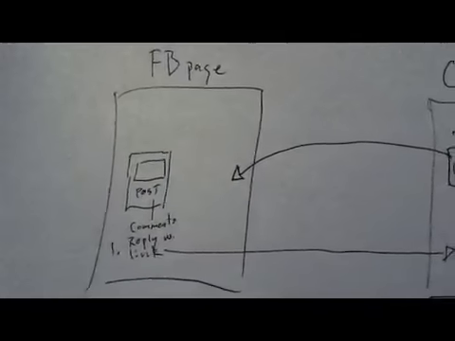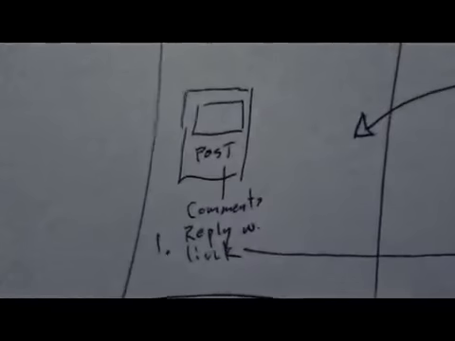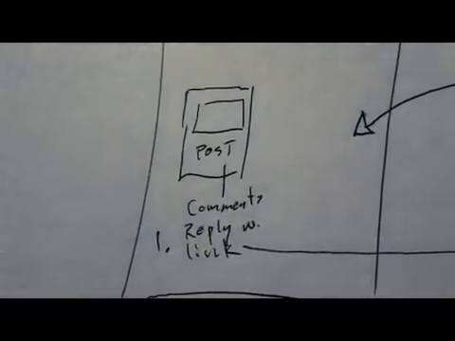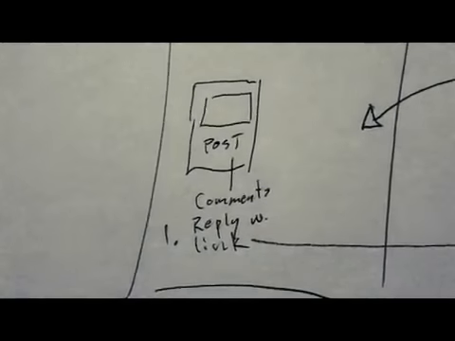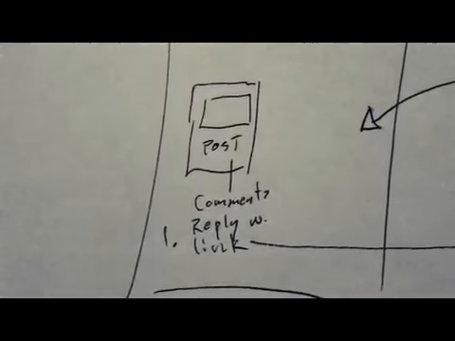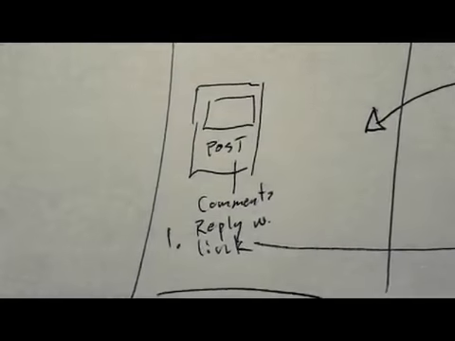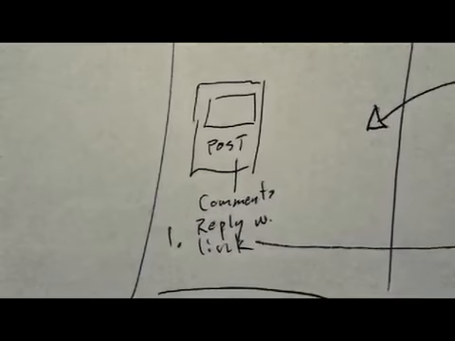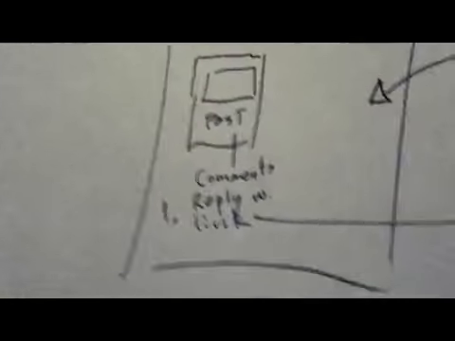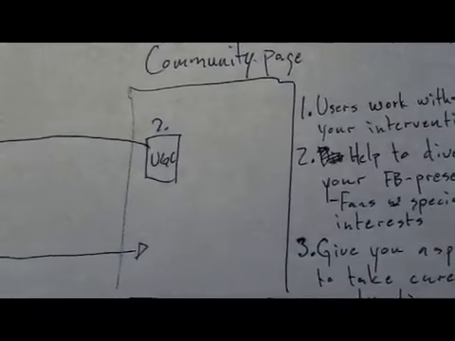So to sum it up, one, whenever I post something about a new product or a version of a product or something about my brand, and it gets reactions from the users, I would recommend them to start a community page. If there isn't already one, I would ask them to start it.